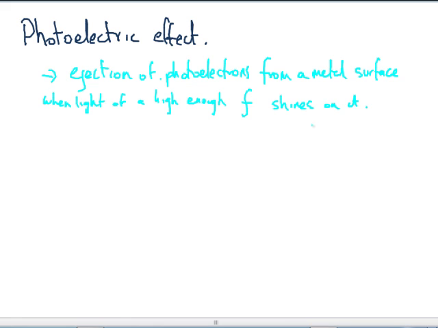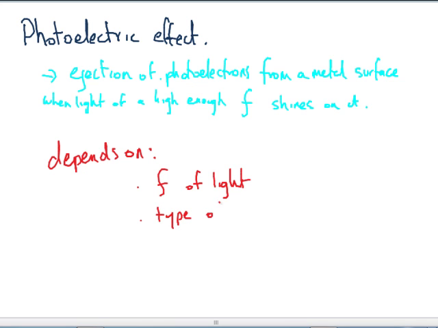So by definition, high enough frequency shining onto a metal surface, we get enough energy to eject an electron from that surface. So it depends on the frequency of the light that we're using and the type of metal that's being used.